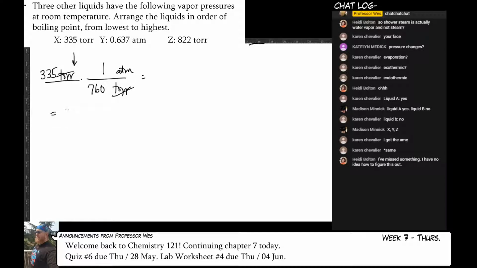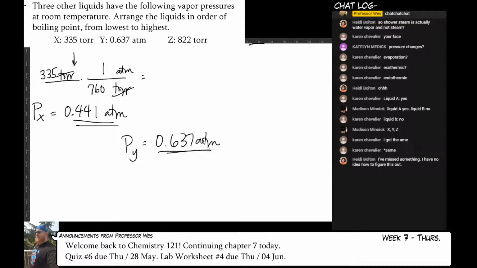So this is going to equal 0.441 ATM. And that's going to be the pressure of X. Pressure Y is already in ATM, so I could just leave it there. And then pressure Z here, we could do the same thing.